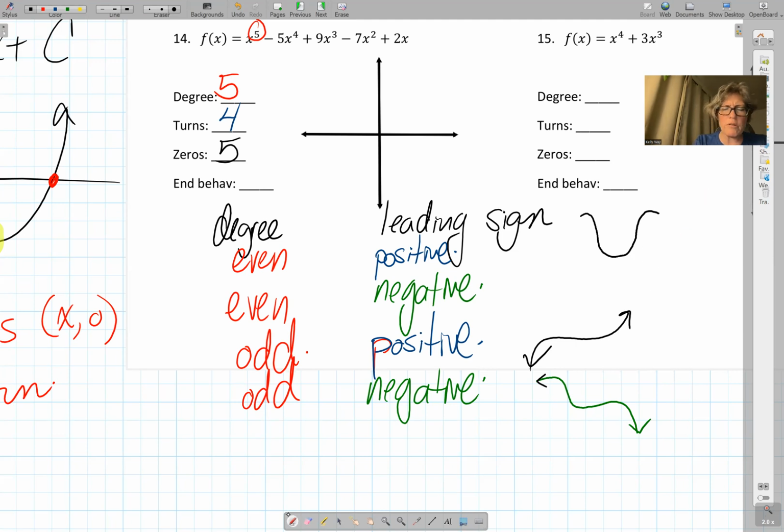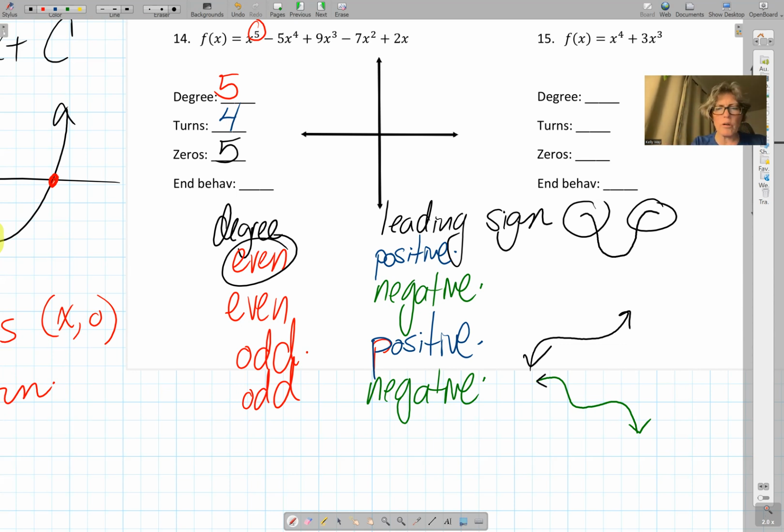Okay, if it's even, if the degree is even, you're going to be starting and ending in the same direction. If the degree is odd, you start one way and end on the other. That's why I was hesitating.